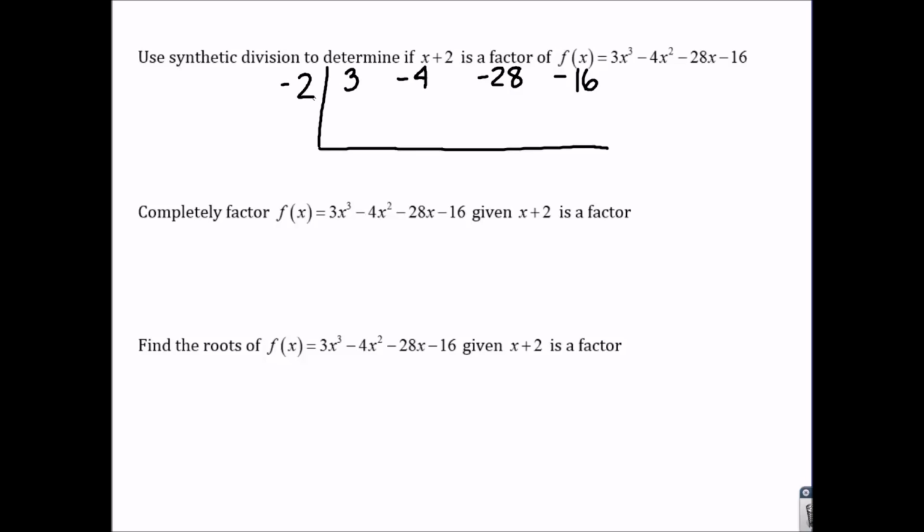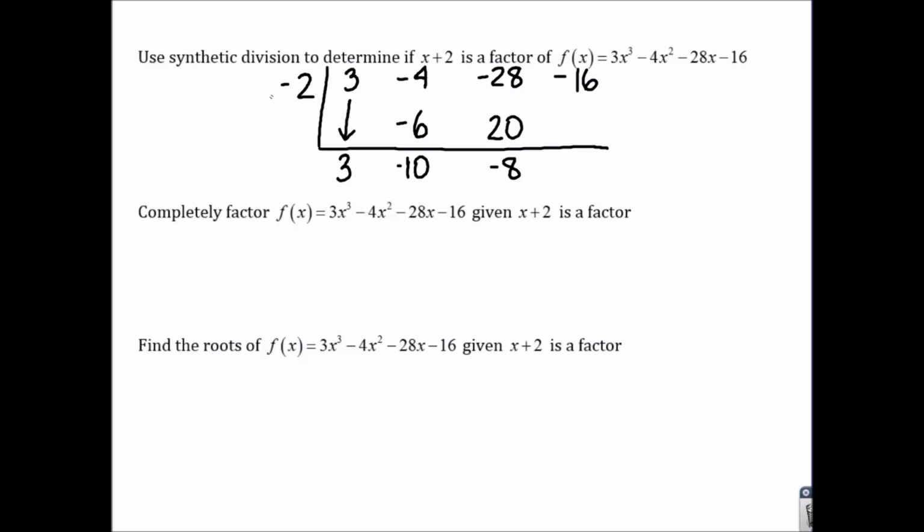So I'm going to start by bringing down the 3. Then I'm going to multiply. Negative 2 times 3 is negative 6. Negative 4 plus negative 6 is negative 10. Then I'm going to multiply. Negative 2 times negative 10 is positive 20. Then I'm going to add. Negative 28 plus 20 gives me negative 8.